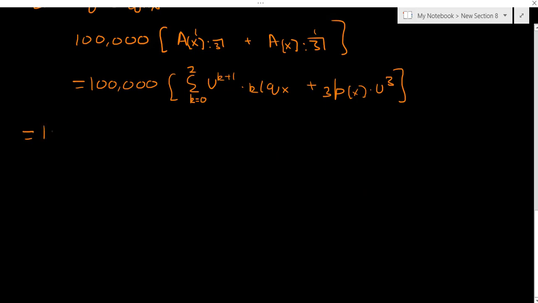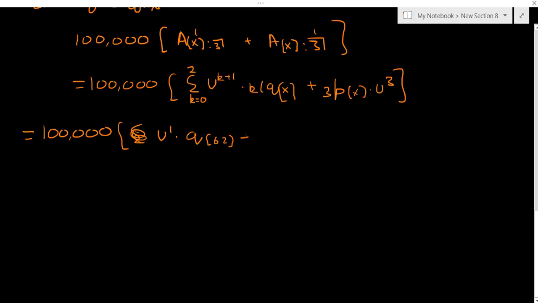And if I try to expand this, this will become 100,000 into, let's expand this, v to the power of k plus 1 becomes v to the power of 1, because the payment is at the end of the first year, and k deferred q_x, that is 0 deferred q_x, so that's just q62, that was the age, right?